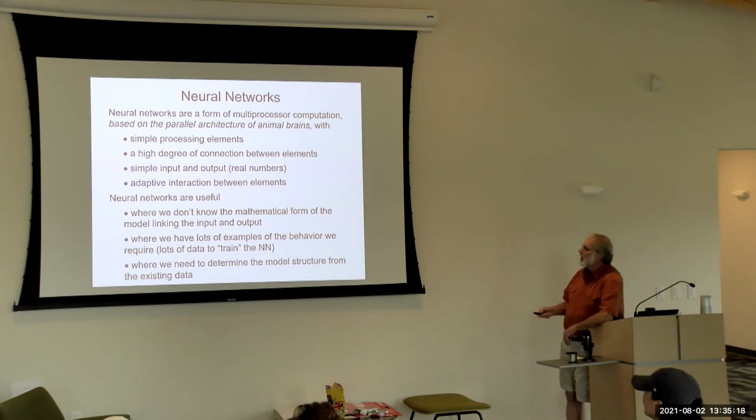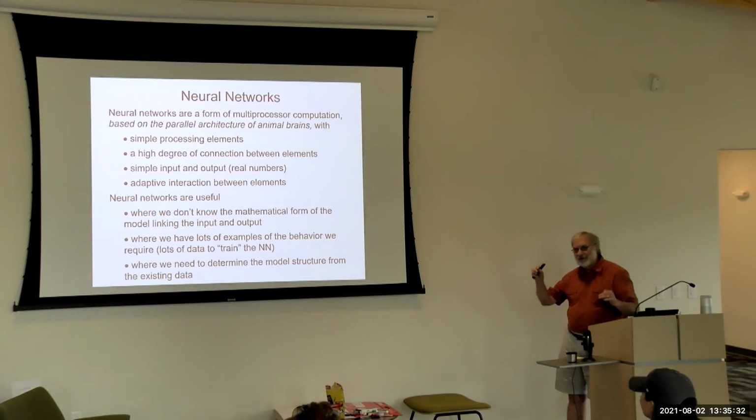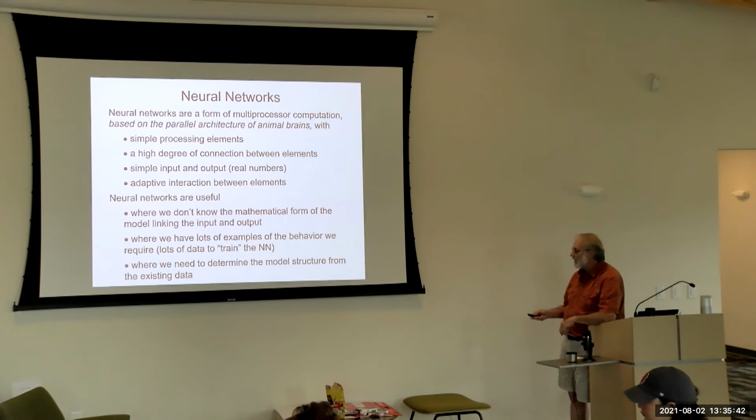But anyway, here's the idea. Neural networks, and we'll see what this multiprocessor thing means in just a second here, are based conceptually on how animal brains work, where you have all these neurons and they're all interconnected in some way or another. And some way that brain decides, when I see an animal, it's a dog or a cat. So the idea here is you do very simple processing steps.